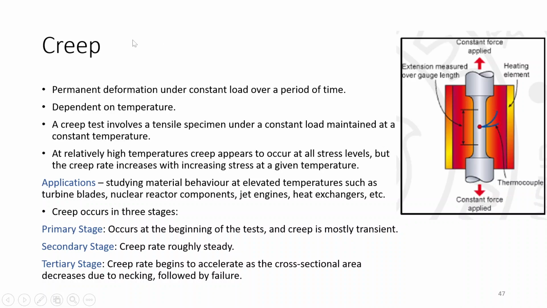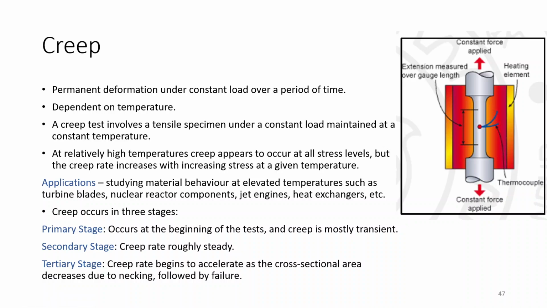Next property is creep. It is the permanent deformation under constant load over a period of time, and it is dependent on temperature. As you keep increasing temperature for a particular material, your creep will keep increasing because of easier diffusion in the material. A creep test involves a tensile specimen under a constant load maintained at a constant temperature.